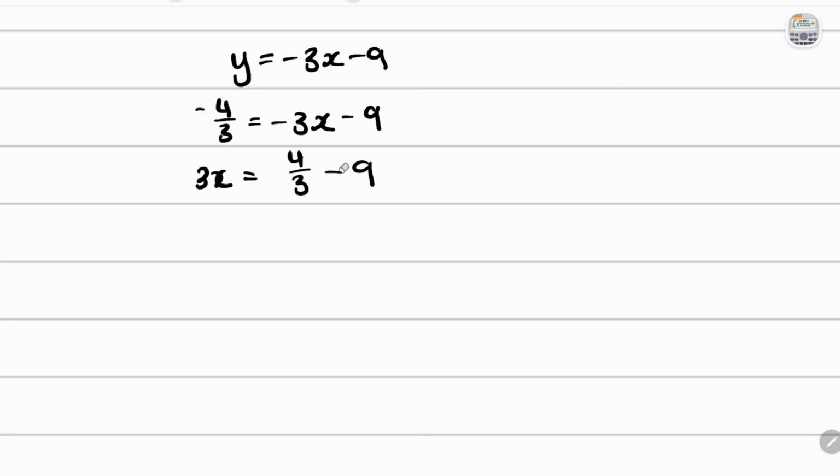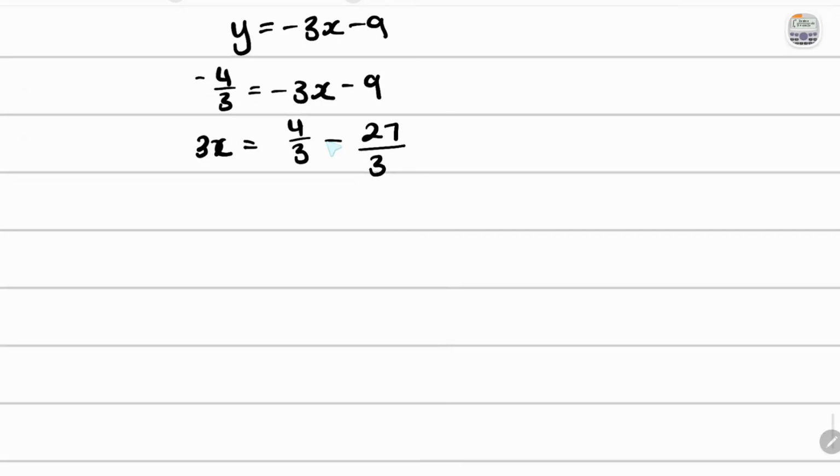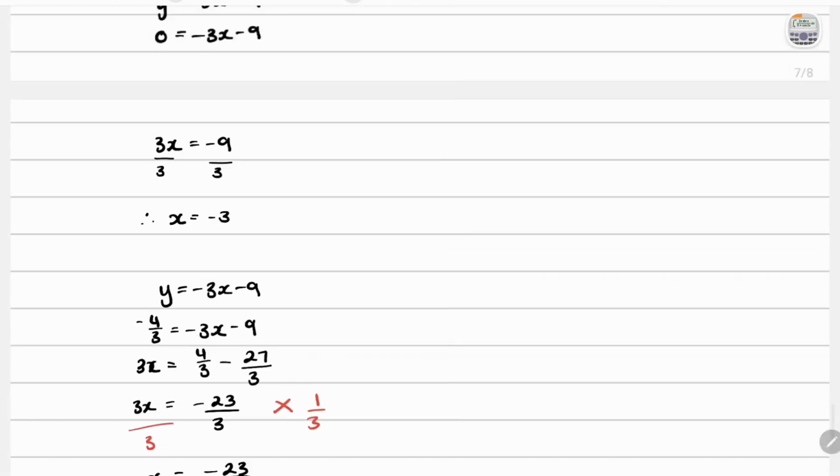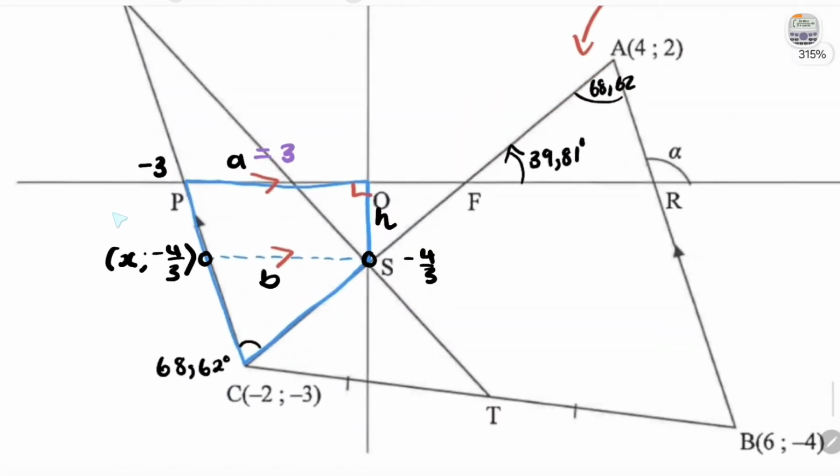So to calculate them, we can call this 27 over 3 because we'll multiply the numerator and denominator by 3. And then 4 minus 27 is 23. So negative 23 over 3. And then divide both sides by 3, which really just means to multiply by 1 over 3. And so x is equal to negative 23 over 9. Weird number, but that is the value of x over here.